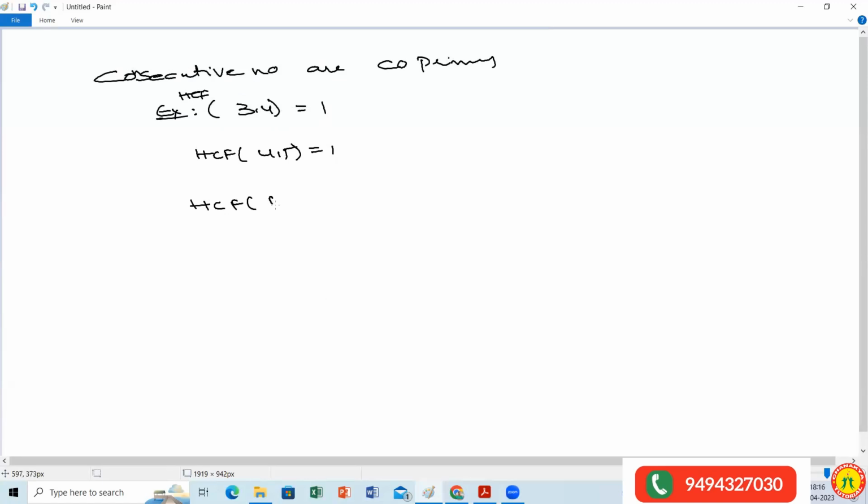HCF of 15 and 16 is 1. HCF of 100 and 101 is 1, not only these, any consecutive numbers. HCF of 216 and 215, these are consecutive numbers or not? Yes or no? So it's always 1. By looking only, you can say, children, whenever you get consecutive numbers, you can answer that.